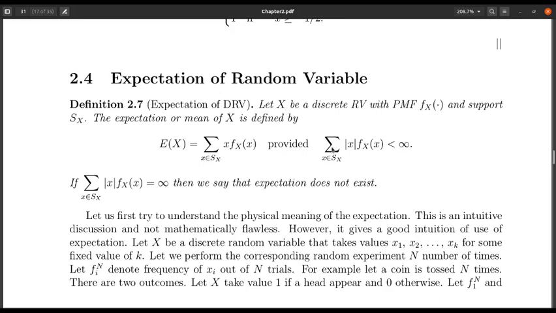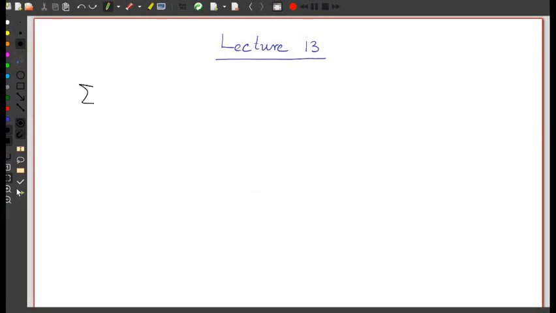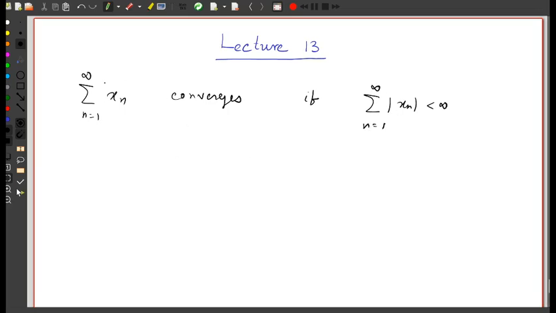Now, why do I need this condition? I need it because you know that if I talk about a series of the form xn, n equals 1 to infinity, this series converges if the summation of mod xn converges. That is basically, this series converges.